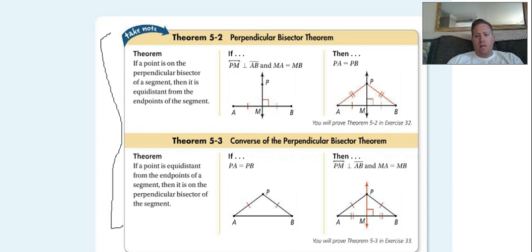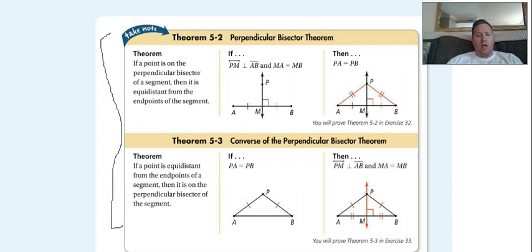So we see that right here, PM is perpendicular to AB, and we see that it is also a perpendicular bisector, which means that when we connect A and P and B and P, that these two distances are the same length, they are equidistant.